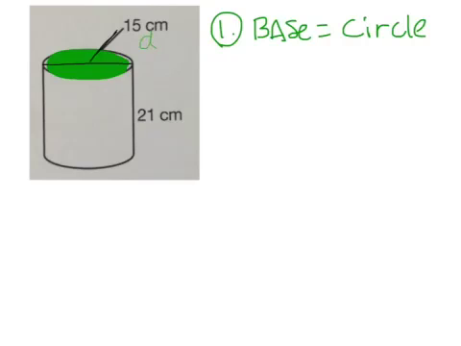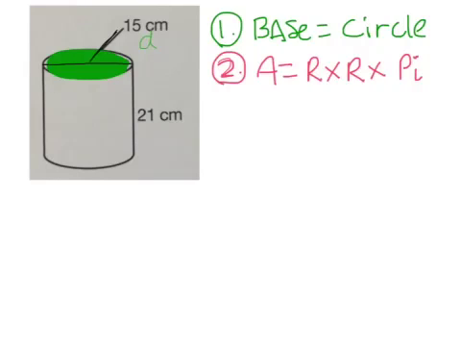That's the diameter. If you think about the base being a circle, my next step is find the area of the base. If you forgot how to find the area of a circle, you can look up at your math chart. It should be radius times radius times pi. And for pi, we're always going to use 3.14.